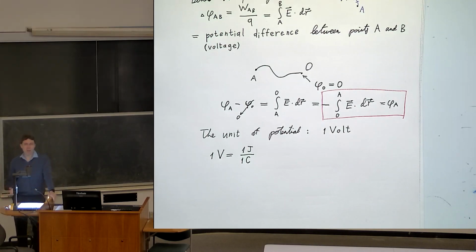So if we have an equation, then the units basically obey the same equation. Here it says that 1 volt equals joule divided by coulomb. And as I said, the potential difference is used synonymously with the word voltage.